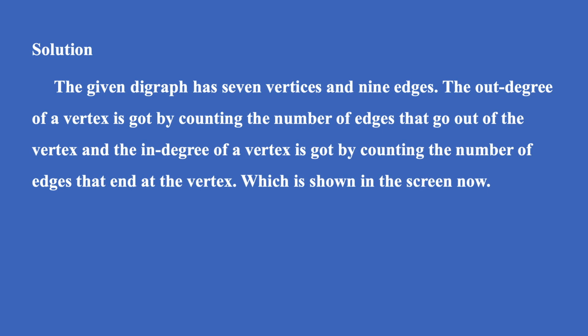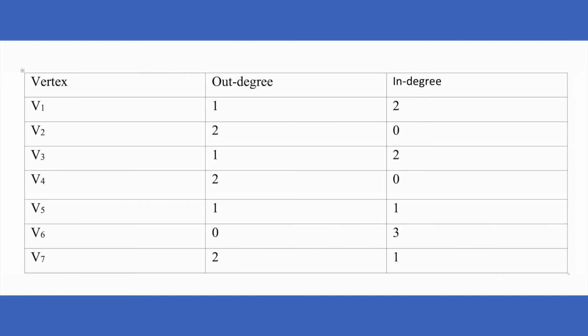The out degree of a vertex is got by counting the number of edges that go out of the vertex, and the in degree of a vertex is got by counting the number of edges that end at the vertex, which is shown on the screen now. The sum of the out degrees is equal to 9, which is equal to the sum of the in degrees, and which in turn is equal to the number of the edges. Hence, the handshaking dilemma is verified.